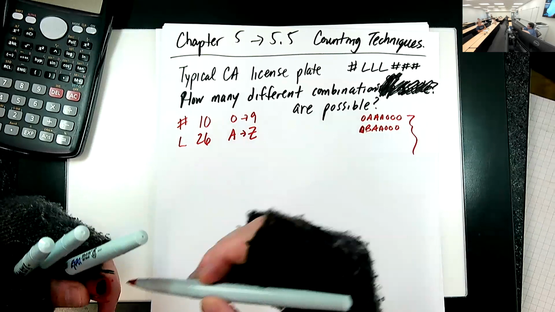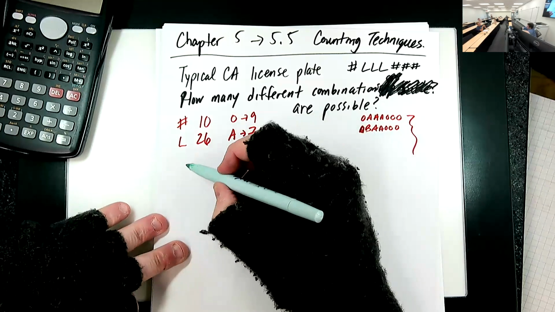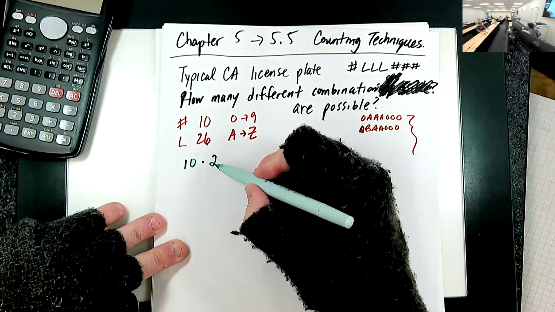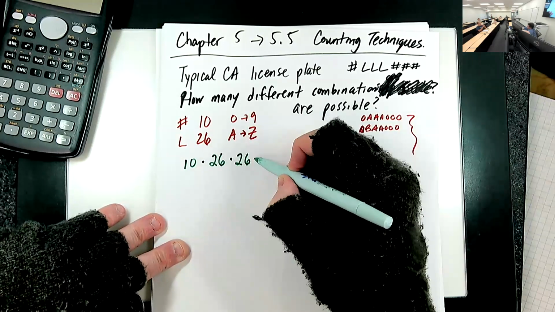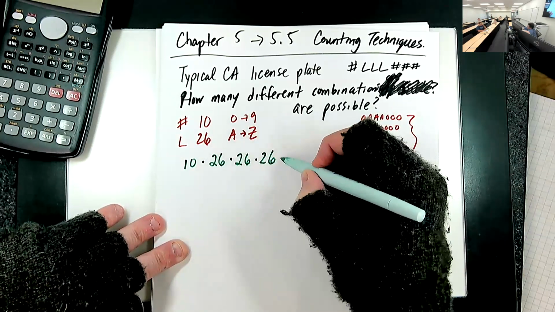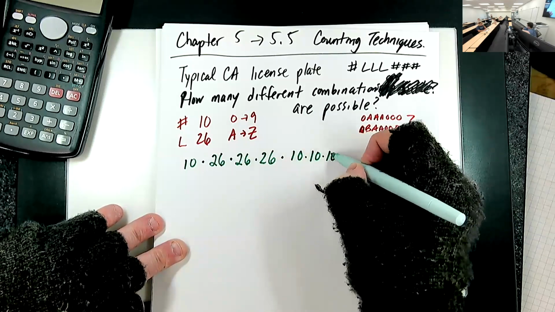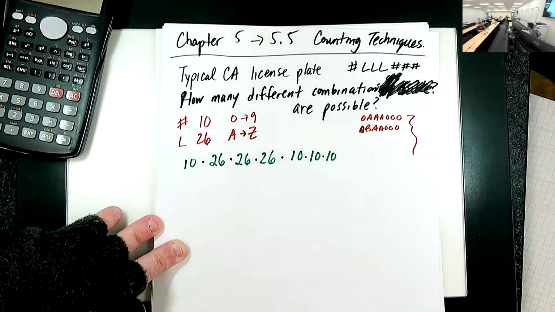So the first character can be a number, and there's 10 different options. And the second character can be any letter, so 26. And you can have repeat letters, so it's going to be 26 each time. And then when you get back to the numbers, it's 10 again.